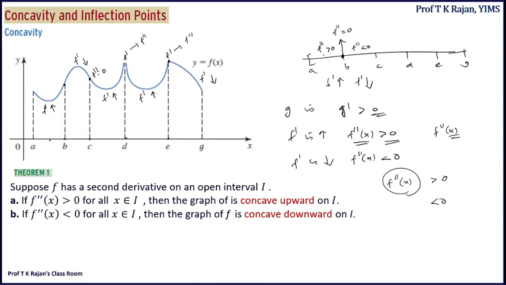Only then can we say whether the function is increasing or decreasing. So, for finding the intervals where the function is concave upwards or concave downwards, we have to identify points like B, C, D, E, where f double dash equals 0 or f double dash does not exist.